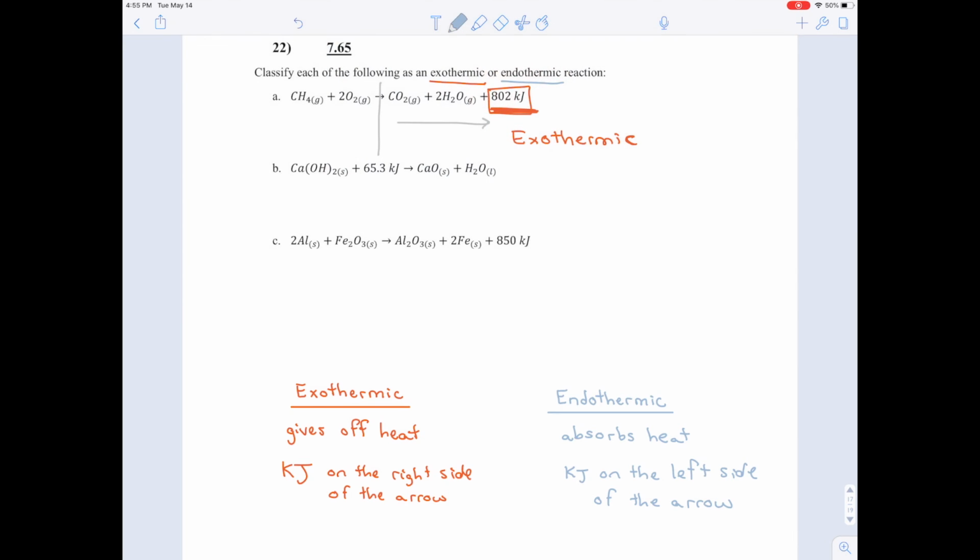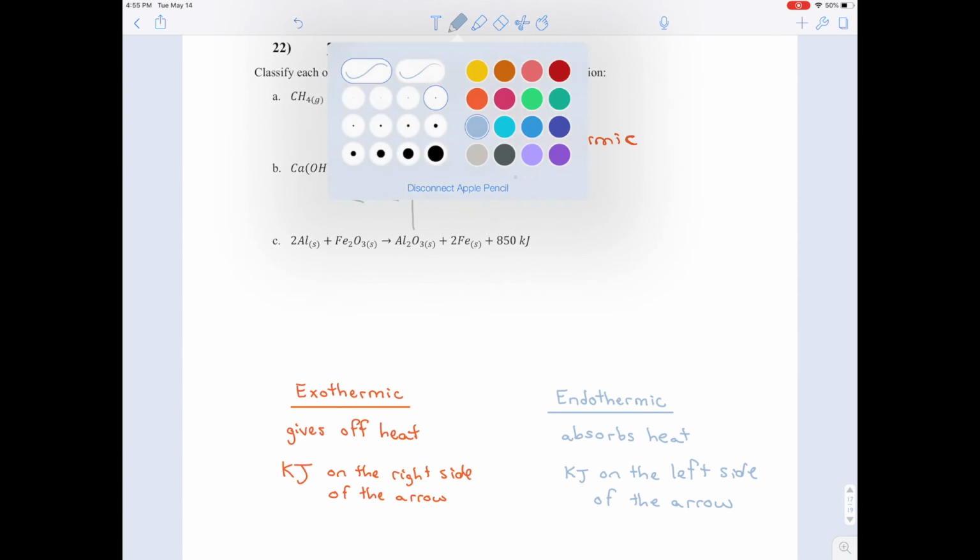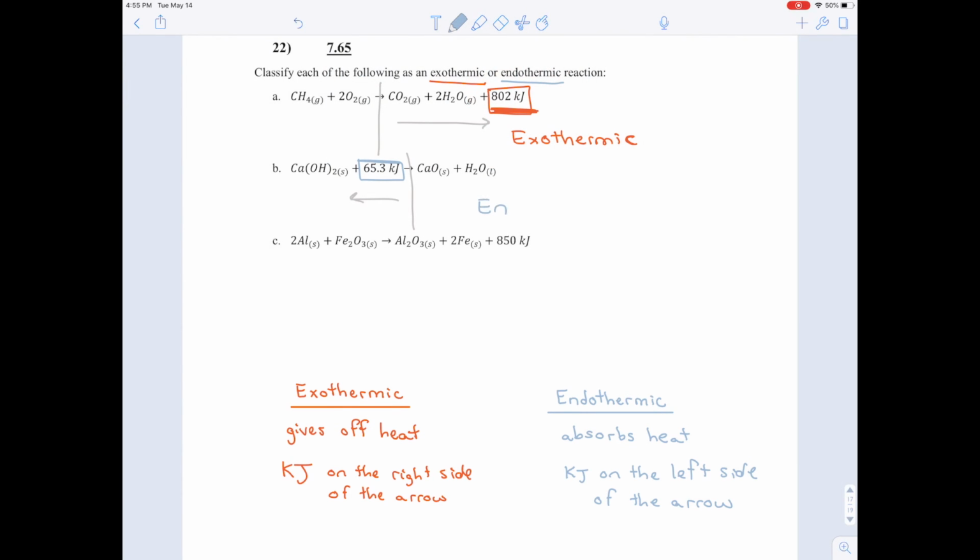Okay, how about the second one? In this one, we're looking for kilojoules. We see it here. It is on the left side of the arrow. So if it's on the left side of the arrow, that means that the reaction absorbs that amount of heat, and it is endothermic. So the surroundings in this reaction would become colder.